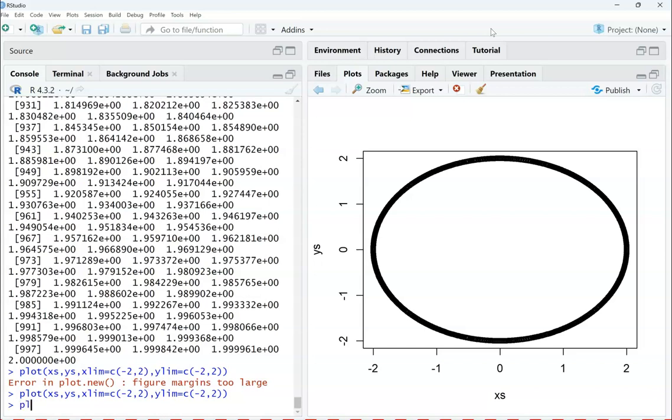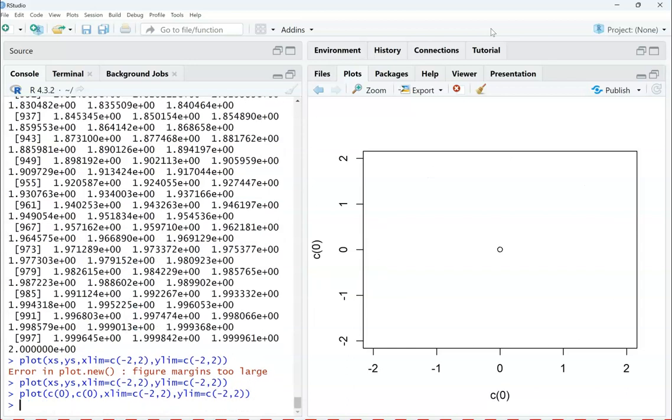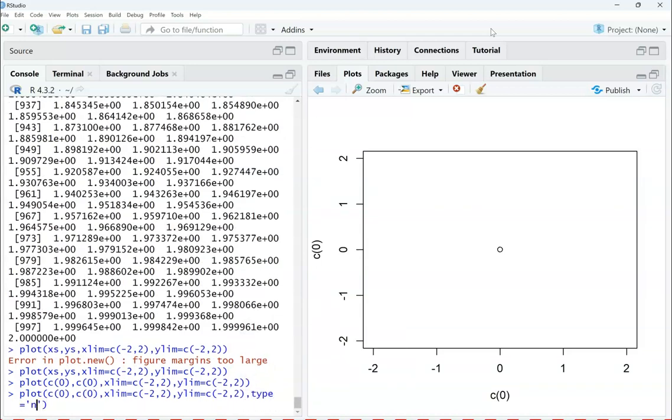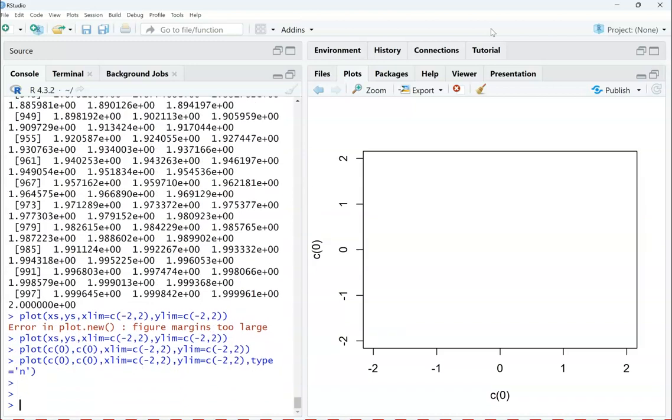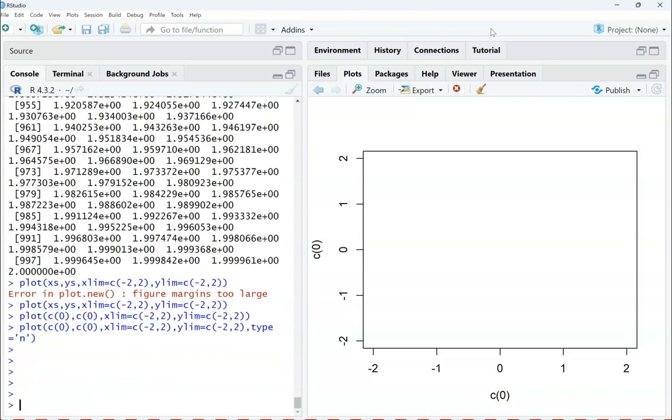Let me do something that looks kind of goofy. All I did with this particular command was tell it to plot the point 0, 0, but not actually plot the point.